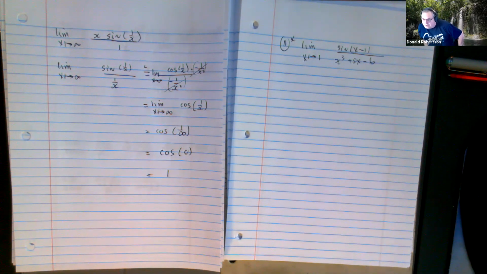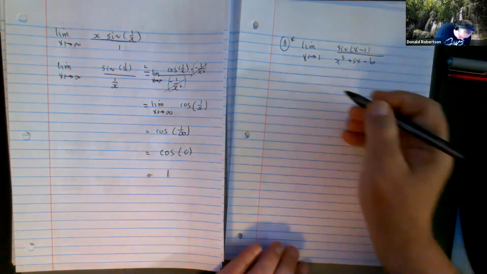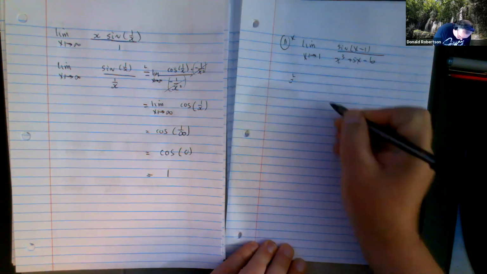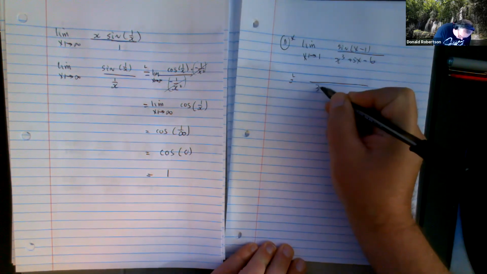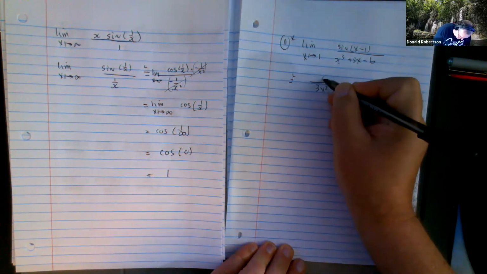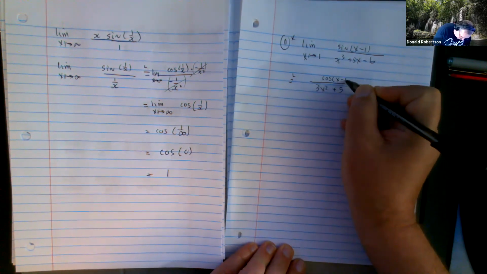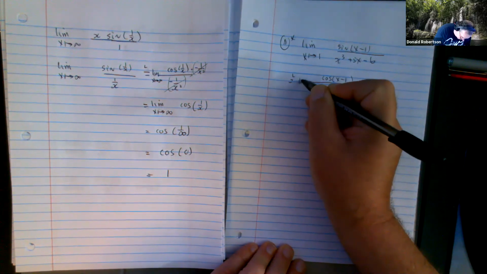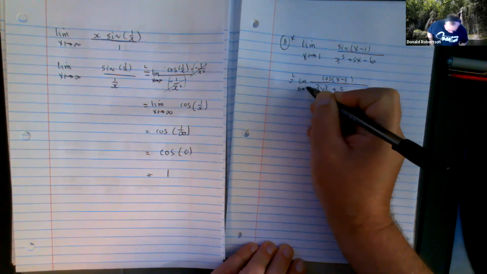Can you just trust me that it's 0 over 0, so L'Hopital is good? That guy there is 3x squared plus 5. And this guy here is just the cosine of x minus 1. And we still find the limit as x tends to 1.